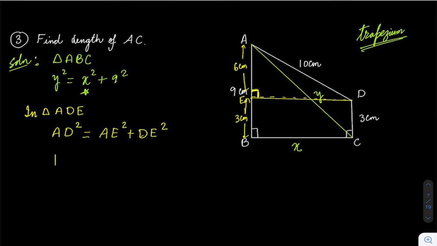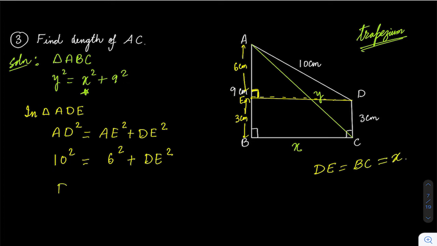So AD is 10, so 10 square equal to AE is 6, so 6 square plus DE square. And we know that DE is equal to BC, which is my X value.